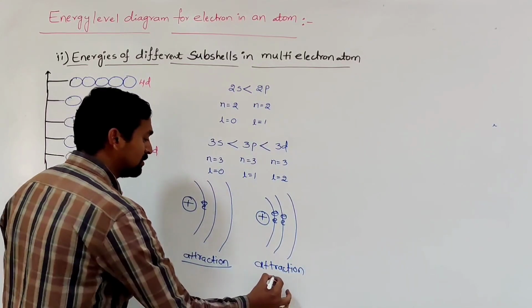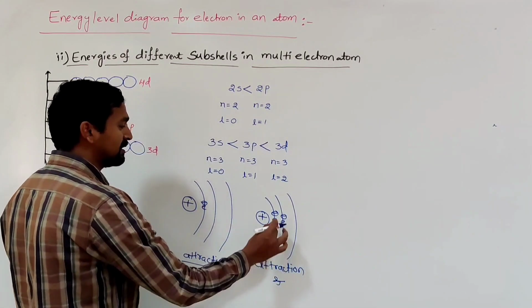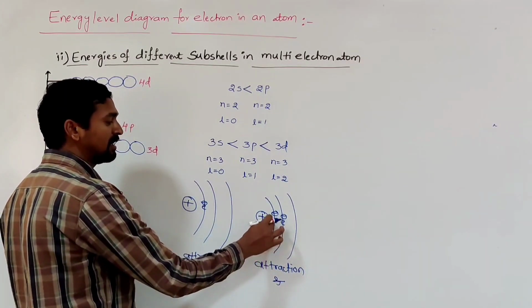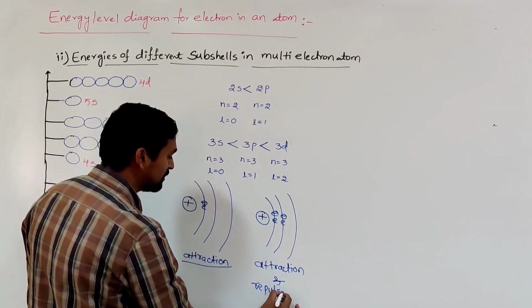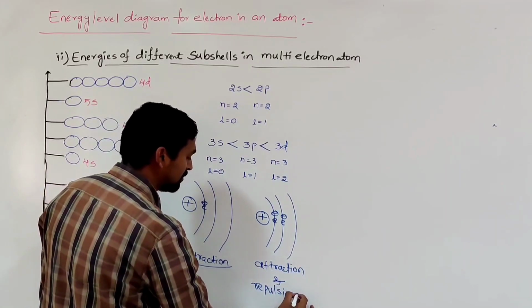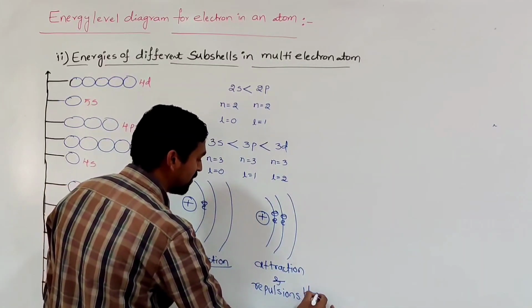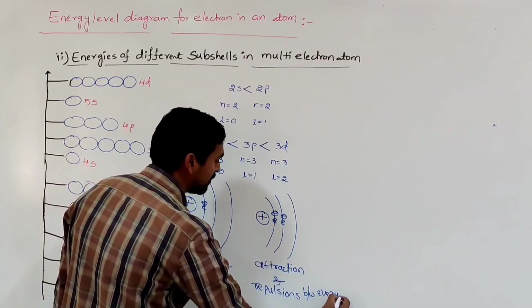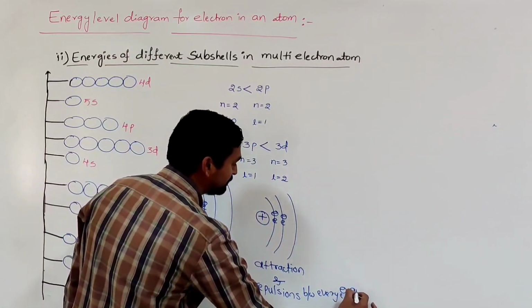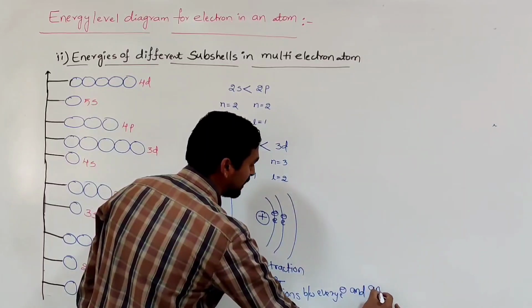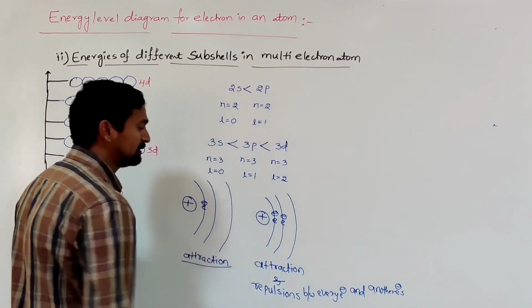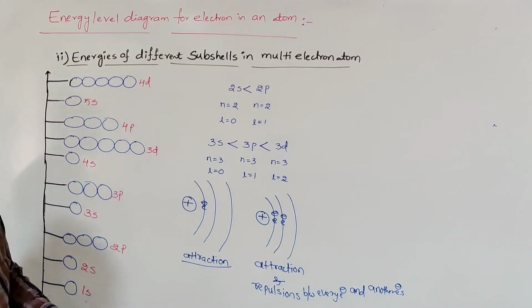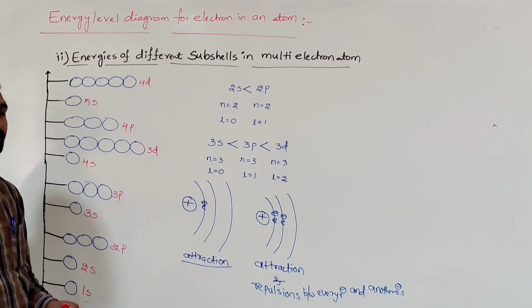And the other interaction is repulsion between every electron and another electron. So these are the two types of interactions we can observe.